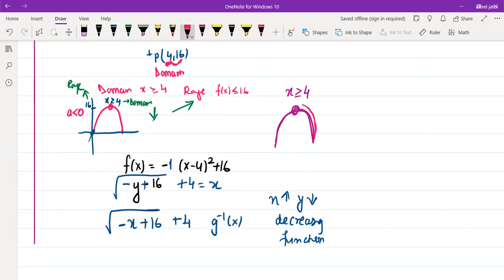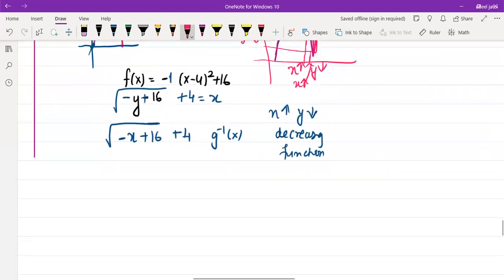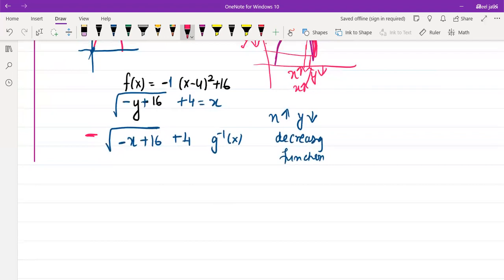From here to here, when x is increasing, your y is decreasing in the graph. At every point of x, as x is increasing, y is decreasing. So obviously we'll be writing down the negative sign here.